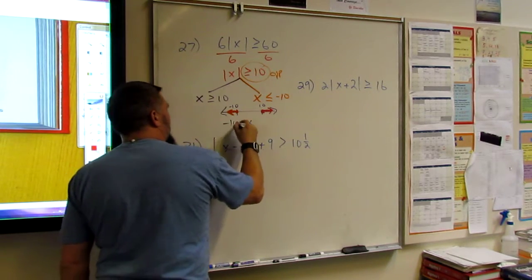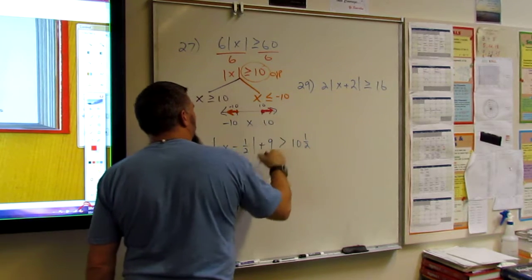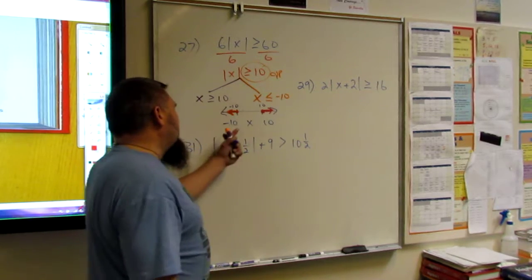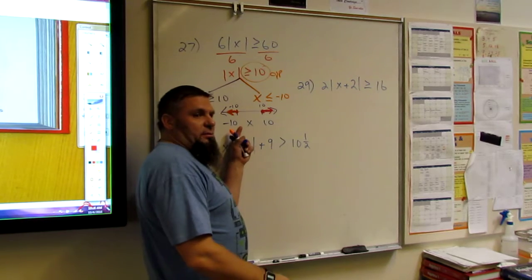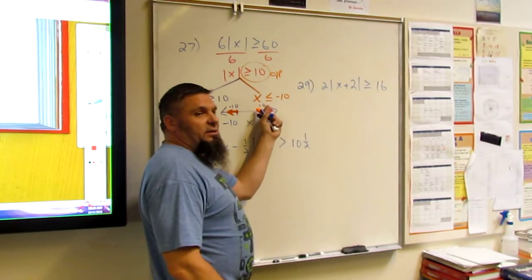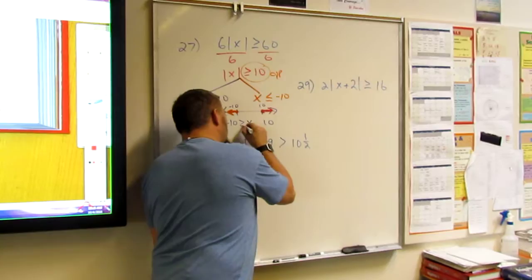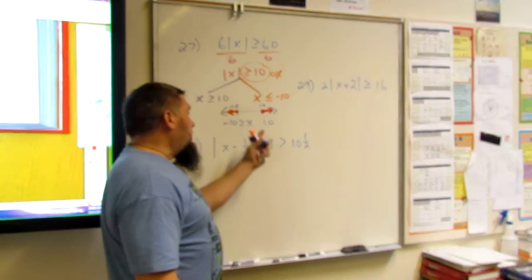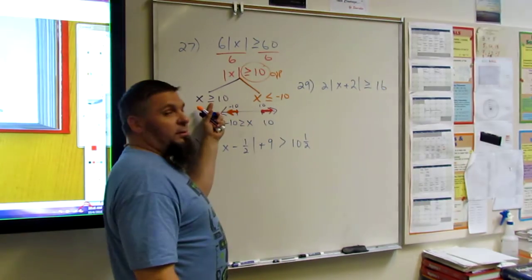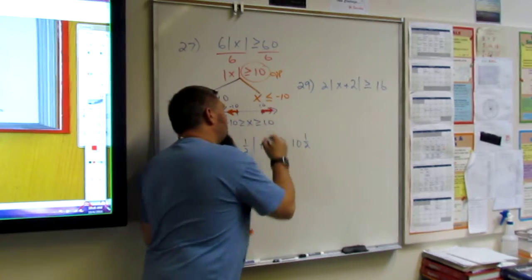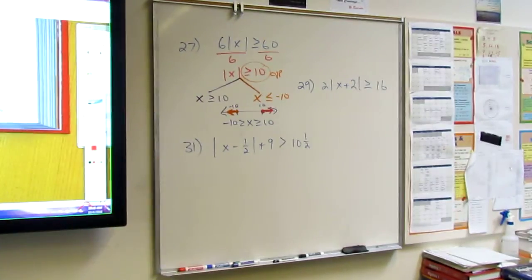Negative. And the other one? Positive. And then, is it pointing at -10 or away from it? Away. Is it pointing at the 10 or away from it? Pointing at it. See how that works?